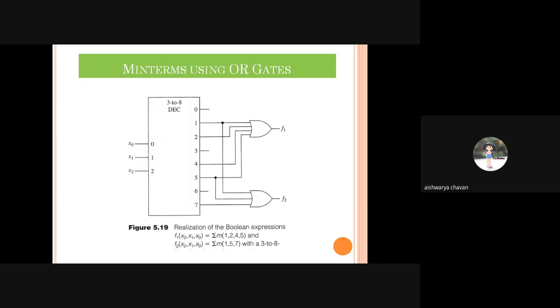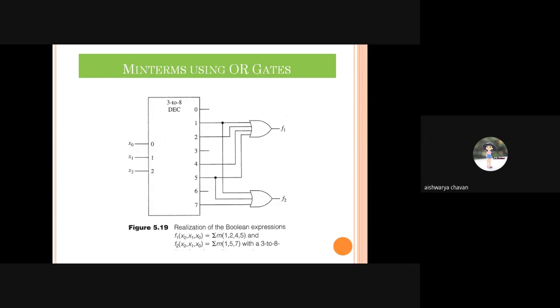The inputs are x0, x1 and x2, and the minterms given are 1, 2, 4 and 5. Whatever minterms are present, only those you have to connect to the OR gate, as we are representing this as a sum of products.